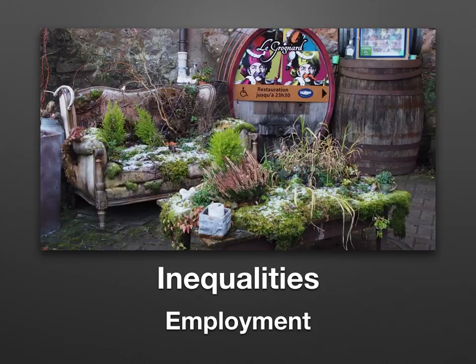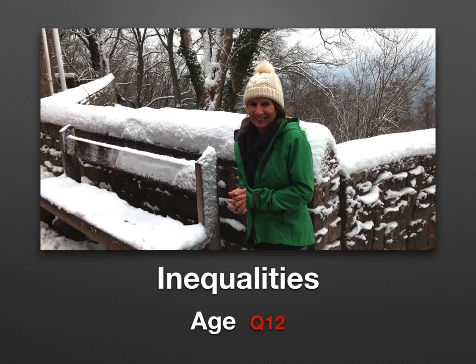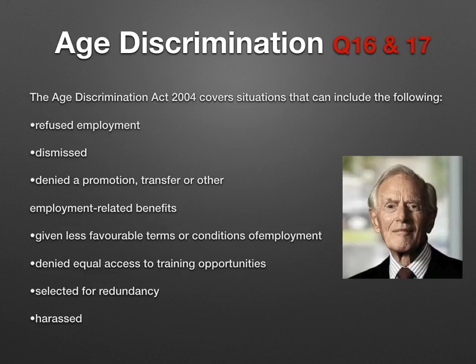If you don't have employment, you can't really access all of the rewards of Australian society. Another is age, and I just want to talk a little bit about age discrimination.